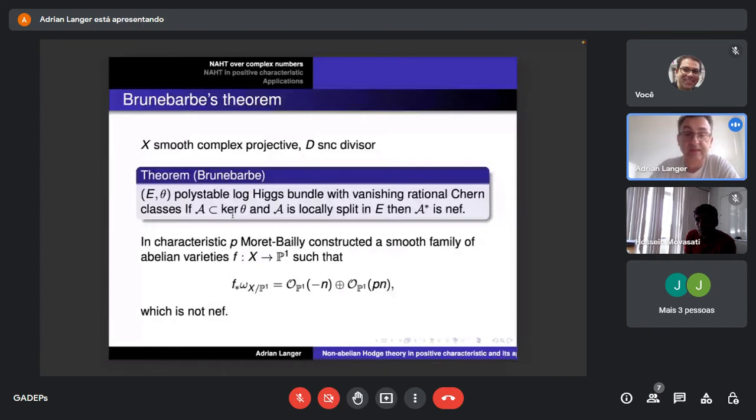So obviously this direct sum has O of minus n as a quotient, so it is not nef. And Griffiths' theorem, as you see, fails.